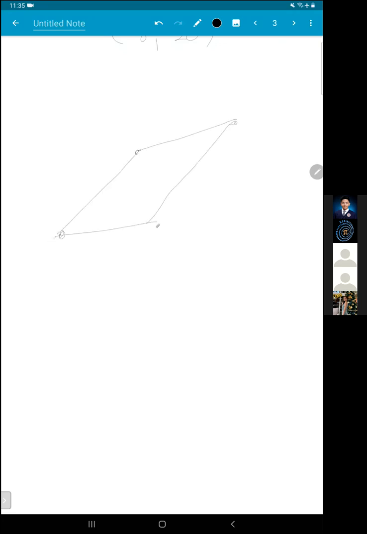So ito yung unknown. So notice, it's the intersection of this line and this line. Now we can get, kasi given ito eh.